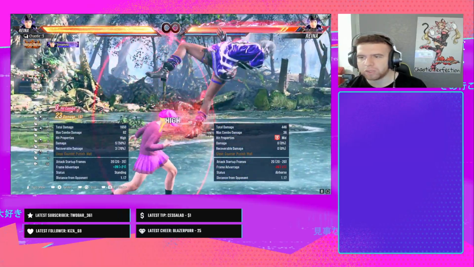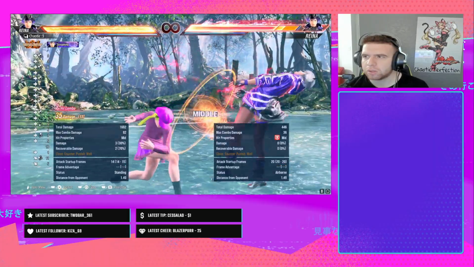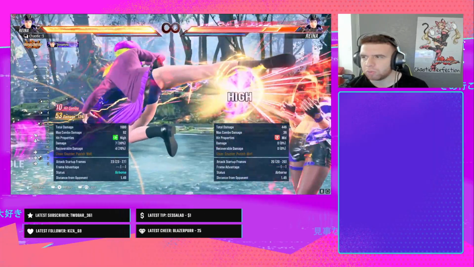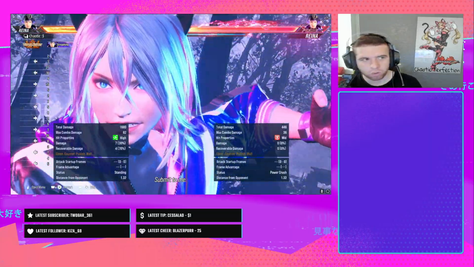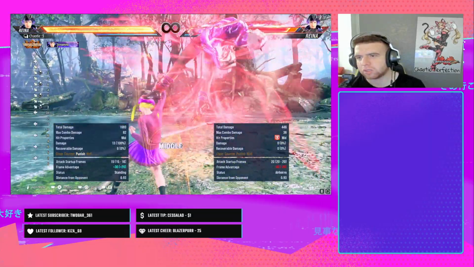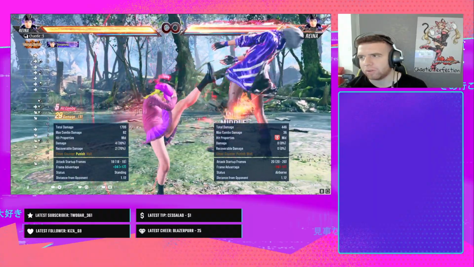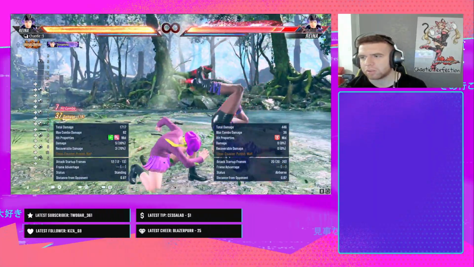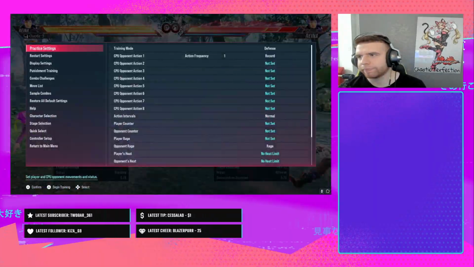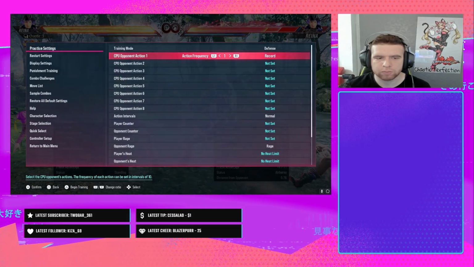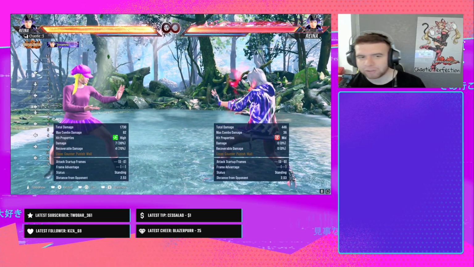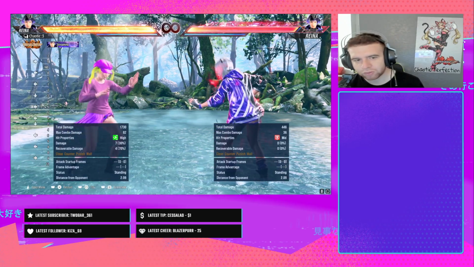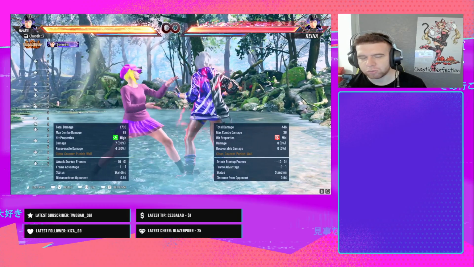And off of this, we would get a combo. So you always want to make sure, if you know something is minus 15 and it's punishable, you always want to make sure to be launching it. That way, you get all this damage. So when things are minus 15, minus 16, minus 17, minus 18, so on and so forth, you want to be launching those moves.